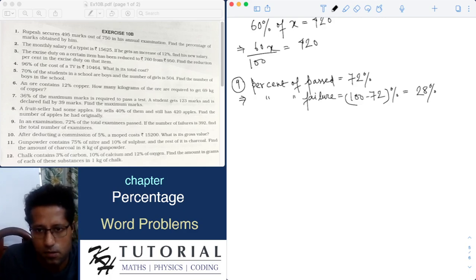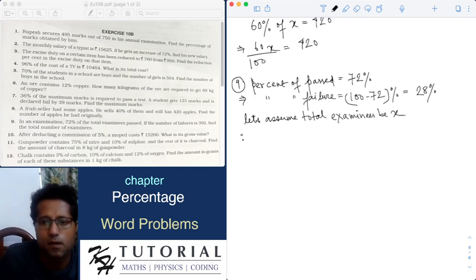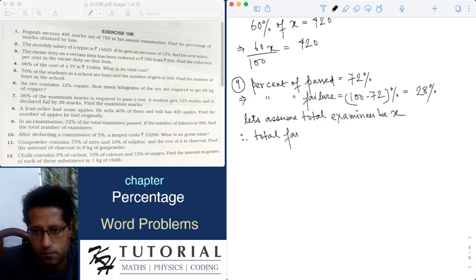Okay, so let's assume the total number of examinees be x. Total failures: we have found the percentage of total failures to be 28%.